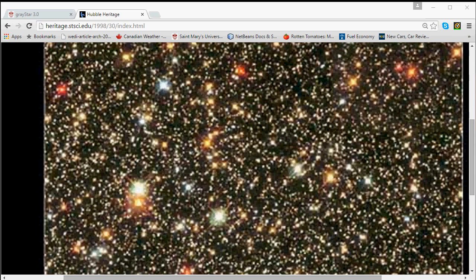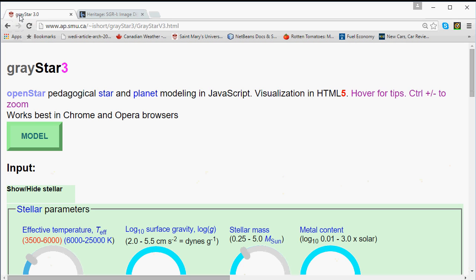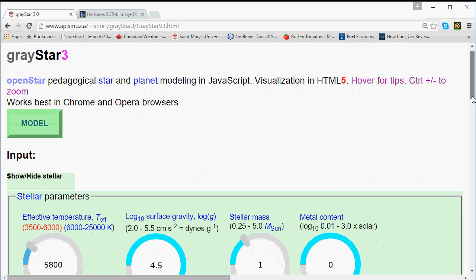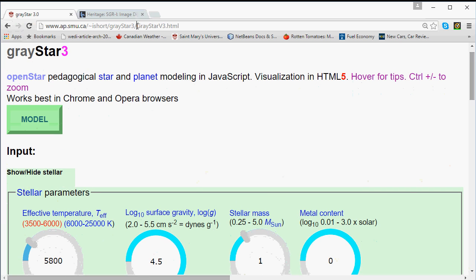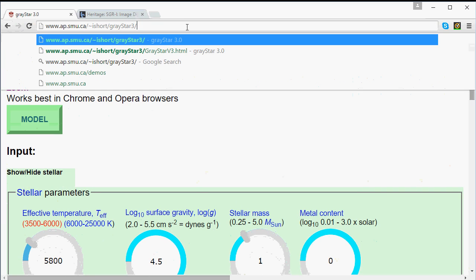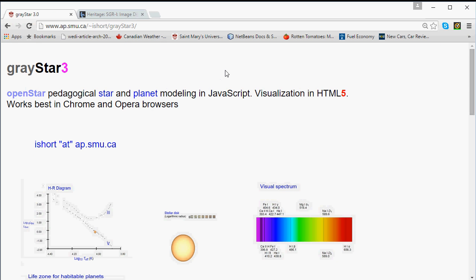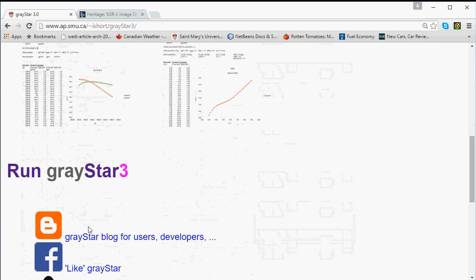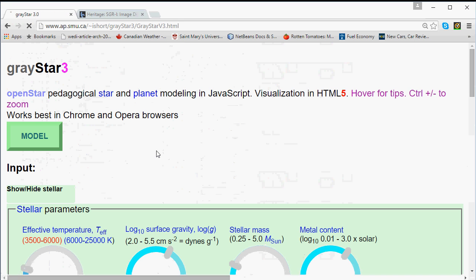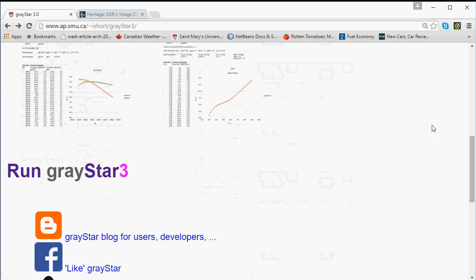So as always, I will end the video by reminding everybody that if we go back to the Greystar 3 simulator page here, if you go up one level on the URL, then you get taken to the main Greystar 3 page. And there are a number of resources here. This is the page from which you can run the Greystar 3 simulator. Let me just go back again.